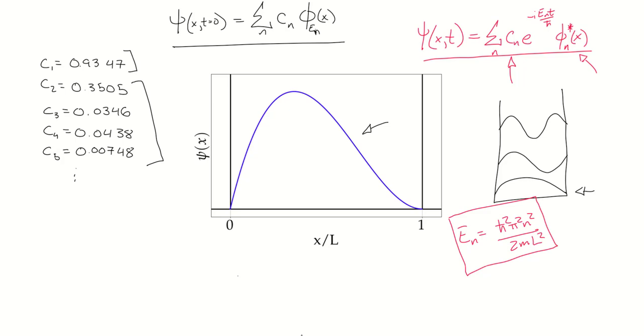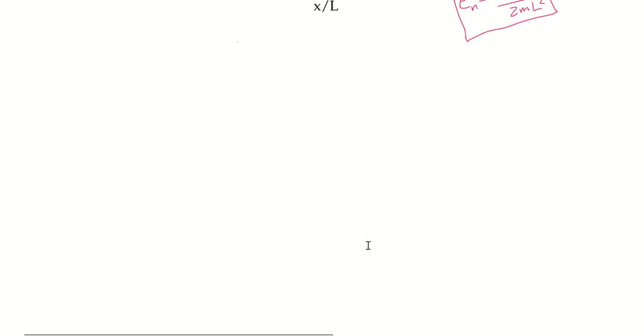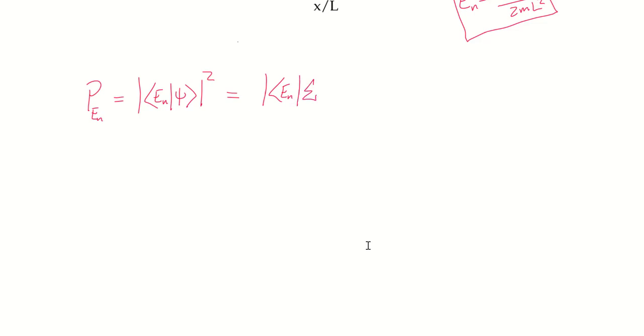We can then use this to calculate the probabilities of whatever we want. The straightforward probability we can do is: what's the probability of measuring that system in some energy eigenstate, En? Postulate 4 tells us that this is just the projection of that state onto En, all squared. We have this wave function in terms of our energy eigenbasis, so we can just replace the state with its energy eigenbasis version.